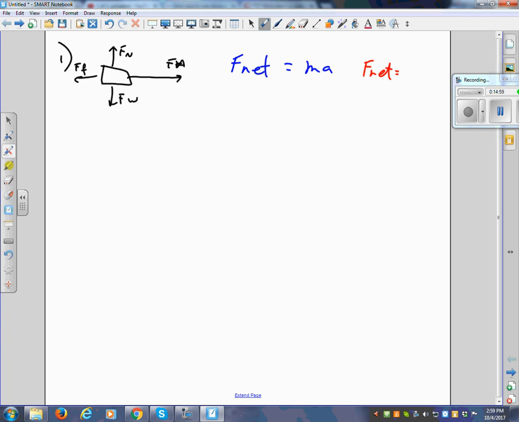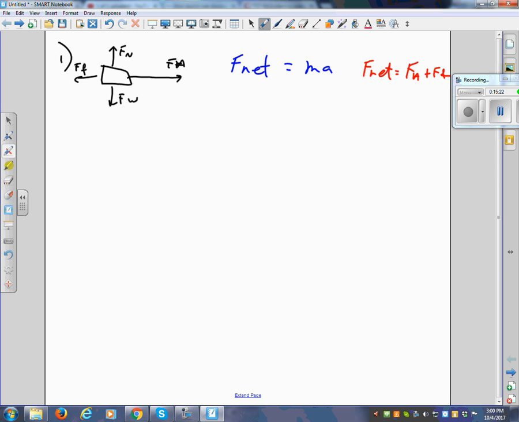Now, the net horizontal is what I'm worried about. Cassie, you really need to watch. You have to stop that conversation because here's where the learning happens. F net, the x parts, is only the Fa plus the Ff. The up and down don't have any effect on the acceleration, right? Because it's just sliding sideways, right?